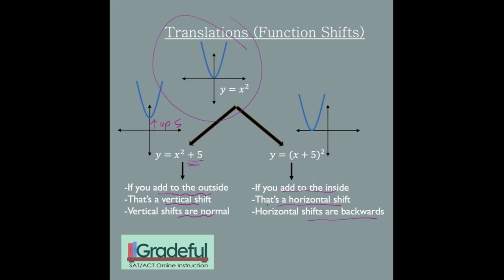And those are not normal, they're backwards. So normally positives to the right and negatives to the left. But here, positive would be to the left. So this parabola would be moved left 5. In f of x notation, this one is just our regular f of x. This would be f of x plus 5.